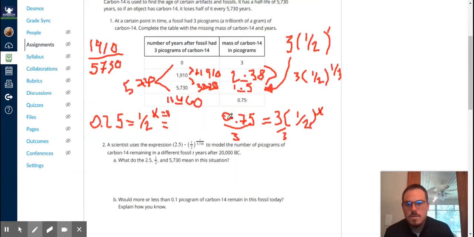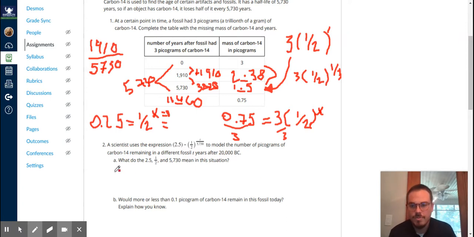All right, if we move down here, it says a scientist uses the expression 2.5 times 1/2 to the power of t over 5,730 to model the number of picograms of carbon-14 remaining in a different fossil t years after 20,000 BC. So what do the 2.5, the 1/2, and the 5,730 mean in this situation?